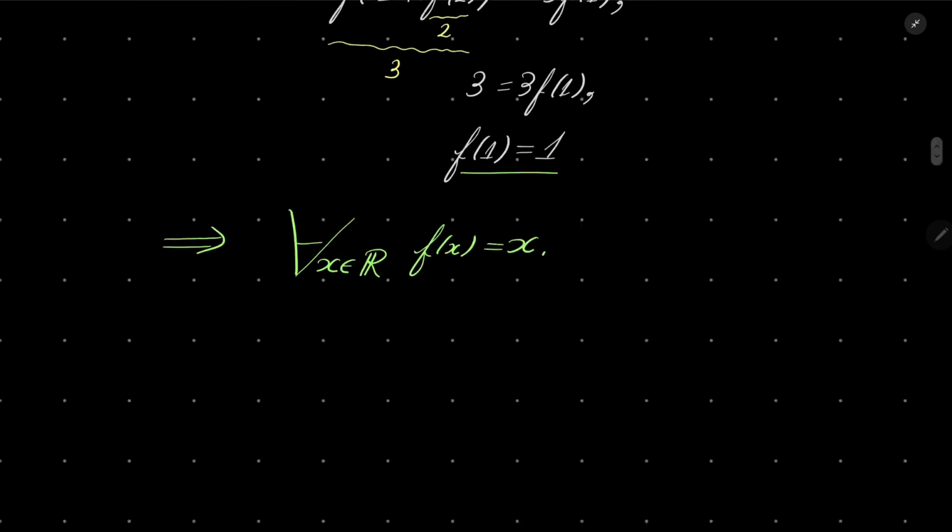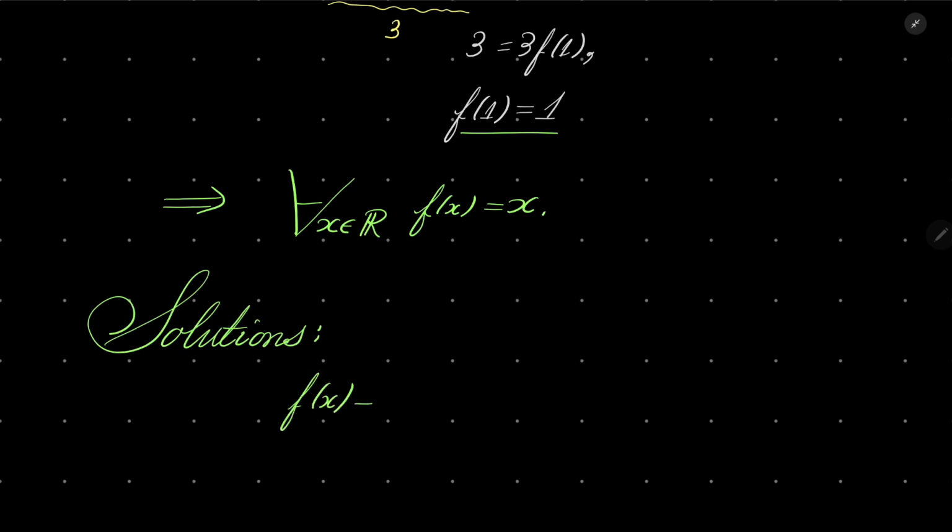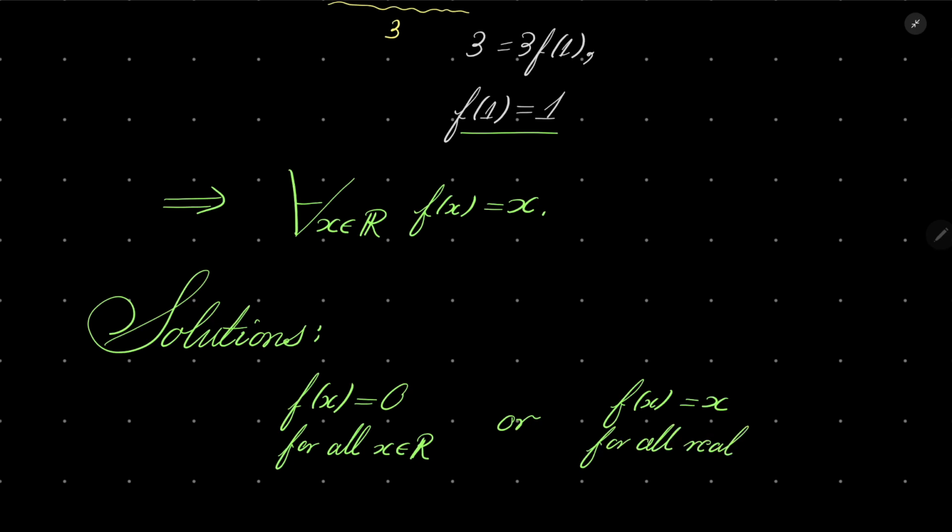So we have only two possibilities for our solutions. Either our function is 0 for all real numbers, or our function is identity for all real numbers. And of course, we have to do verification.